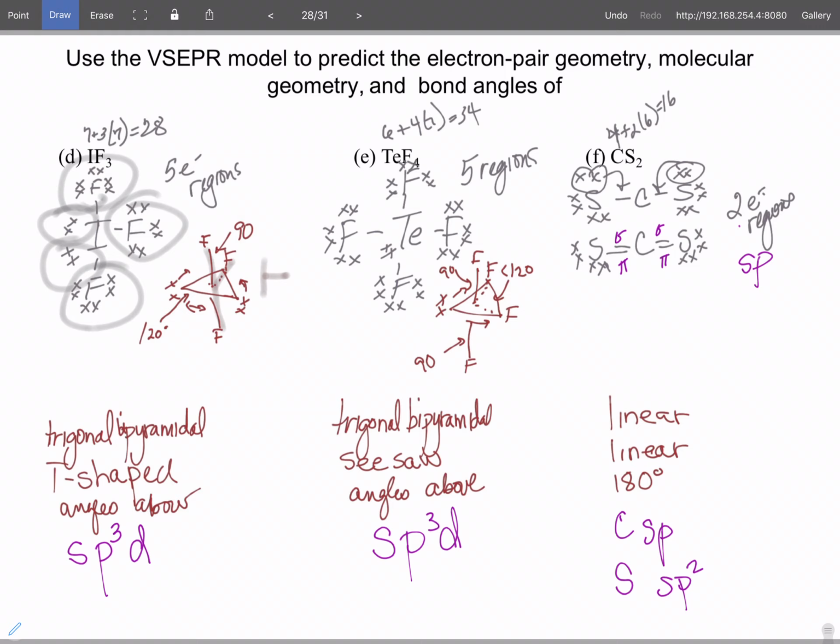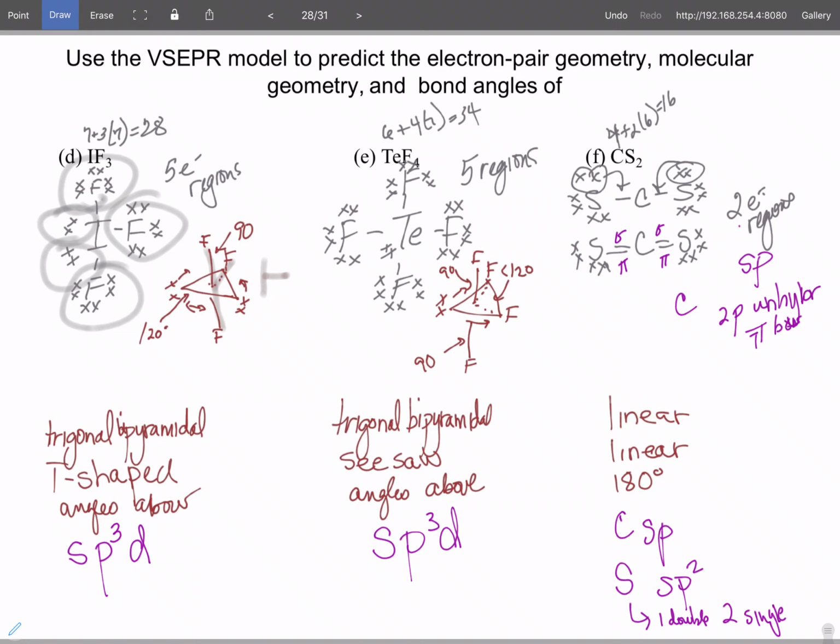Since the carbon has 2 sigmas, we're only talking about 2 regions because we have to leave 2 P's unhybridized to form the pi bonds. And that's in the carbon. But in the sulfur, we only have 1 double bond and 2 singles.